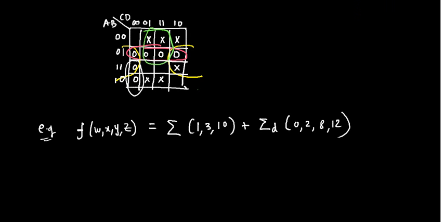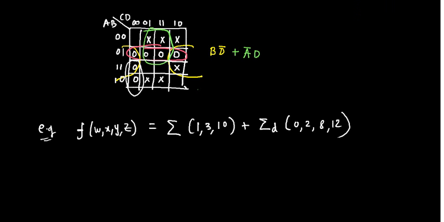How many expressions are there here? If I minimize, this yellow one would be b and this one is d bar, right? B and d bar, yellow one. And after that this green one. What is that? A bar D, right?